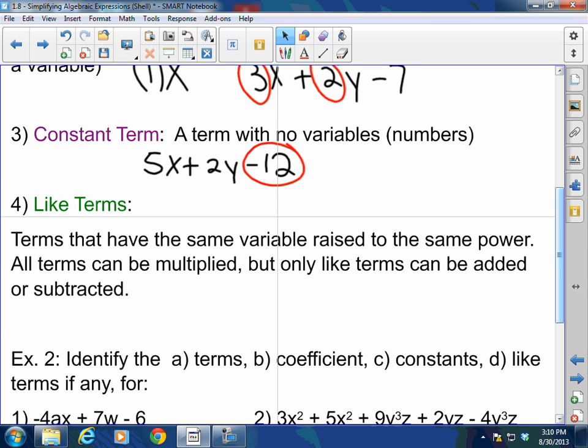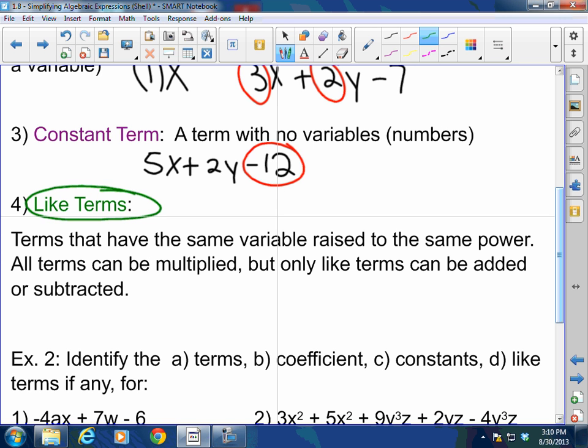The answer is no. Do you have 10 bananas? The answer is no. You have 5 apples and 5 bananas. Why can't you add them together? Because they're not the same thing. They're not the same object. They're not like terms. Okay? So like terms are terms that have the same variable raised to the same power.